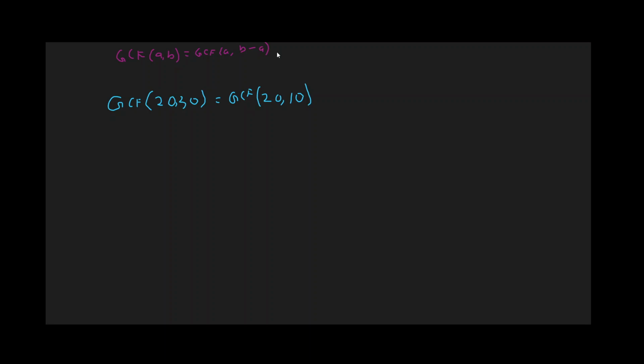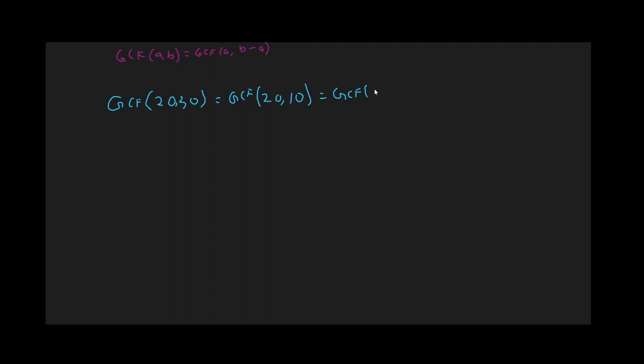So using that, the GCF of 20 and 10 is equal to 20 minus 10, which is 10, and then our second value, which is 10. And this is a simple rule: the greatest common factor of two equivalent numbers is that number. So the greatest common factor of 20 and 30 is equal to 10.